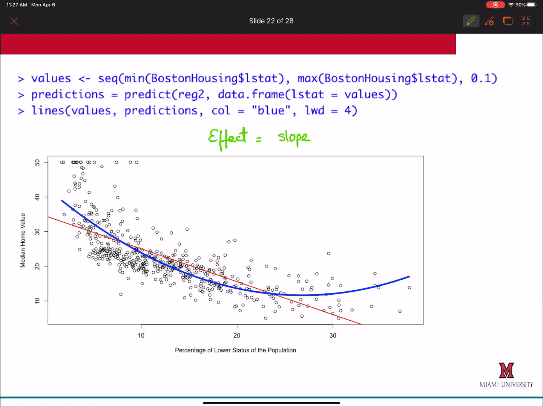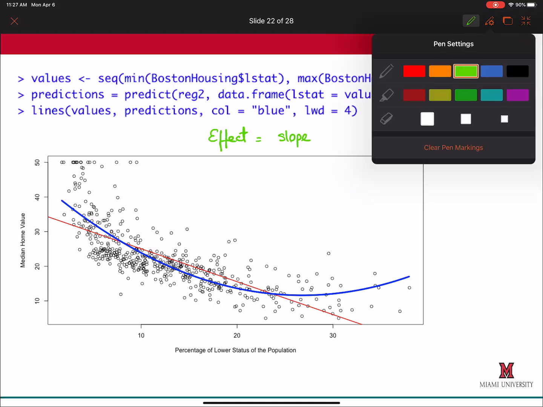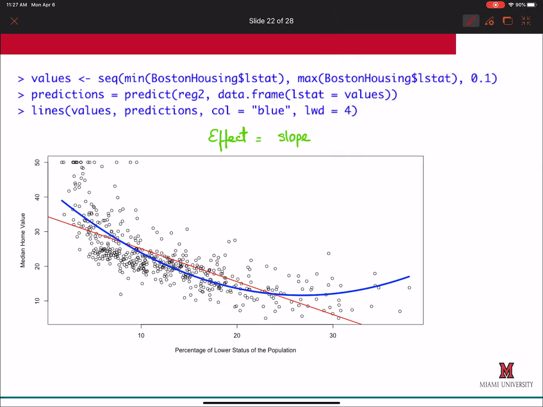Slope is the change in y produced by a change in x. Remember back in high school algebra, you might have seen the slope as the change in y produced by a change in x.